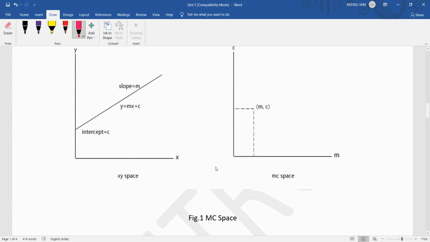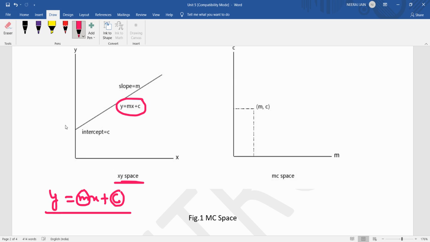We can see it here, in the xy space, it is our straight line. We are all familiar with this equation, y is equal to mx plus c. It is the basic equation of a straight line. In this equation, our slope is m and intercept is c.